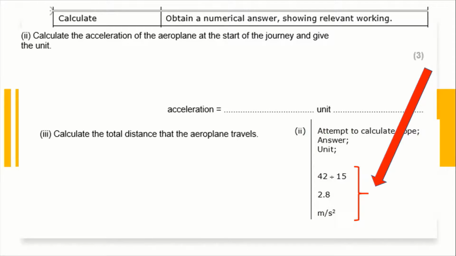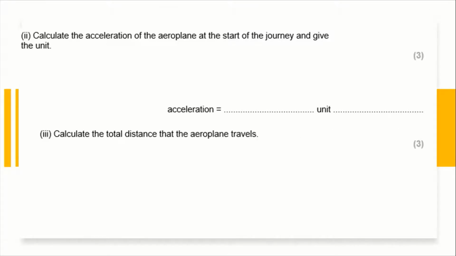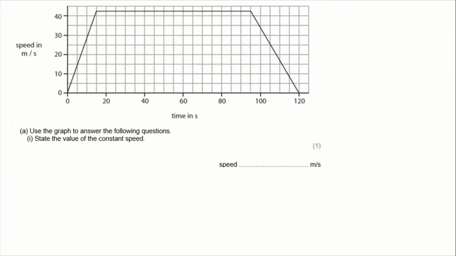One is attempt to calculate the slope. There's 1 point here. Attempt to calculate the slope. How do you calculate the acceleration? Through the slope, meaning the gradient of the graph.